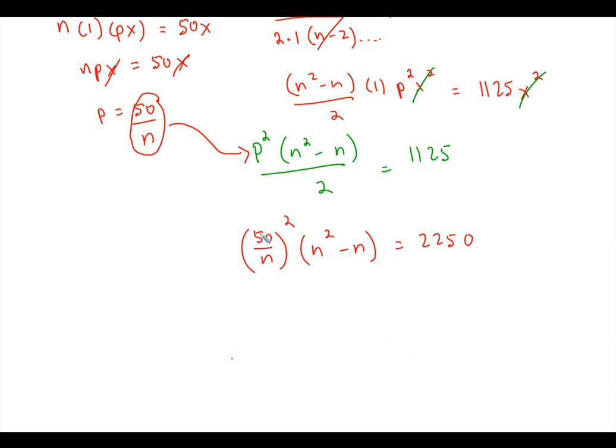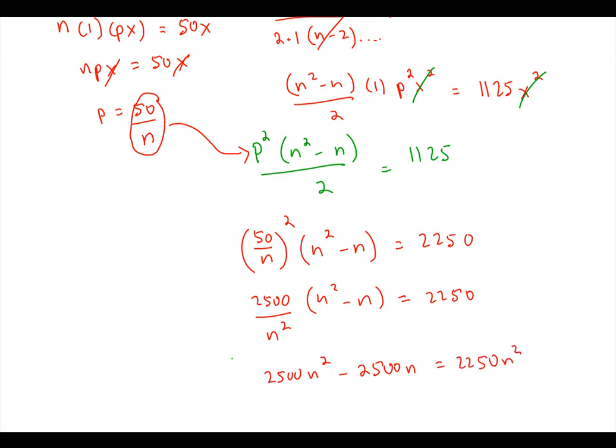Okay? So I square this, I'll get 2,500 over n squared times (n squared minus n) is equal to 2,250. Multiply both sides by n squared. Then I'll distribute the 2,500. So I get 2,500 n squared minus 2,500 n is equal to 2,250 n squared.